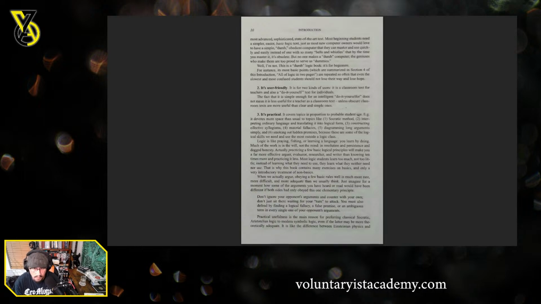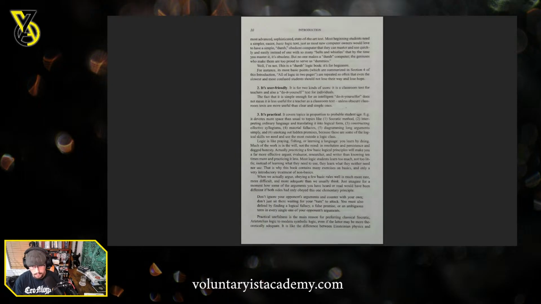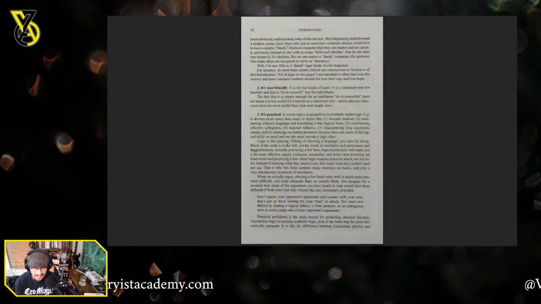E.g., it devotes more space than usual to topics like 1, the Socratic method, 2, interpreting ordinary language and translating it into logical form, 3, constructing effective syllogisms, 4, material fallacies, 5, diagramming long arguments simply, and 6, smoking out hidden premises, because these are some of the logical skills we need and use the most outside a logic class.